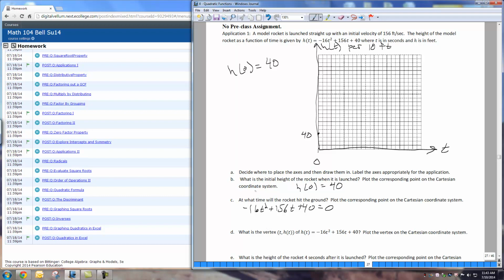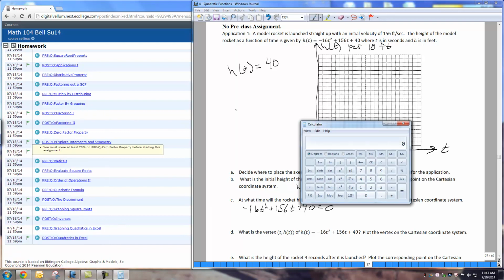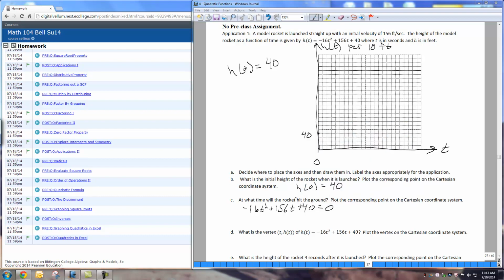Does 8 go into 156? 156 divided by 8 equals? No. So it is 4. So I'm going to factor out a negative 4.